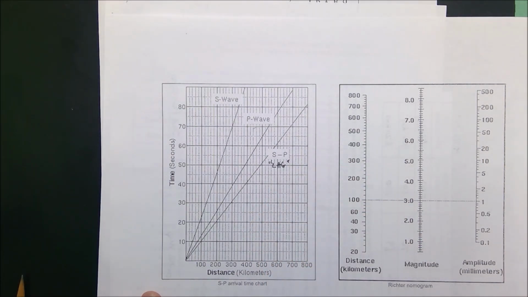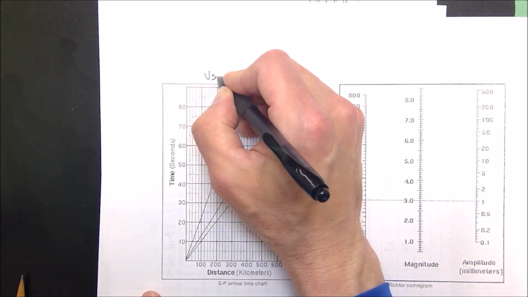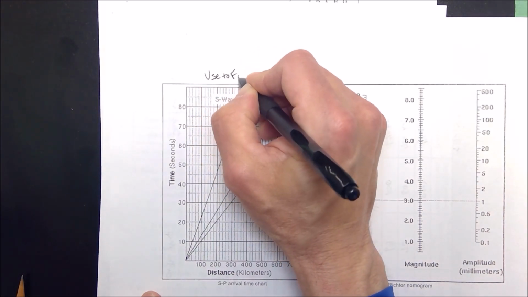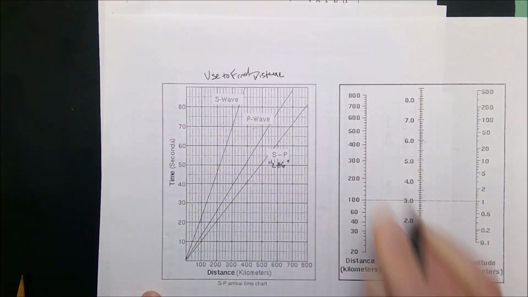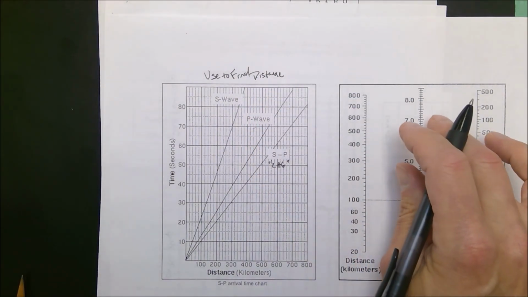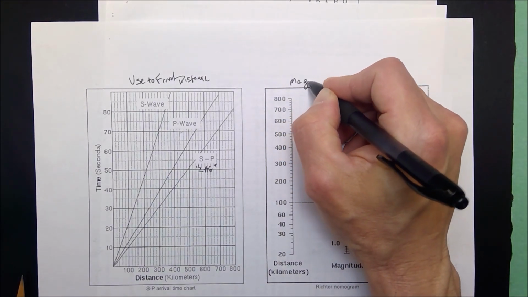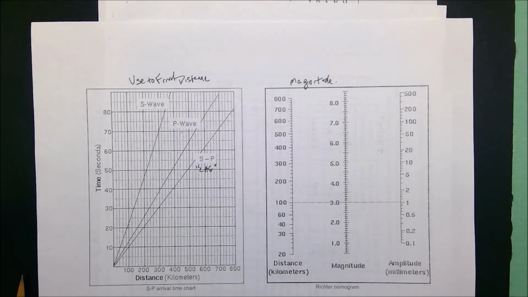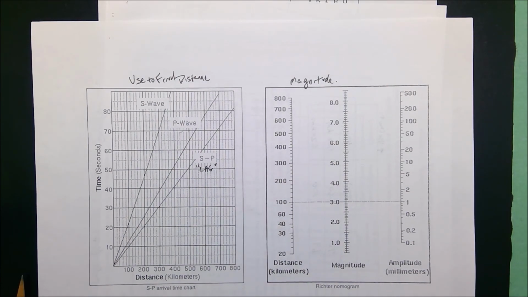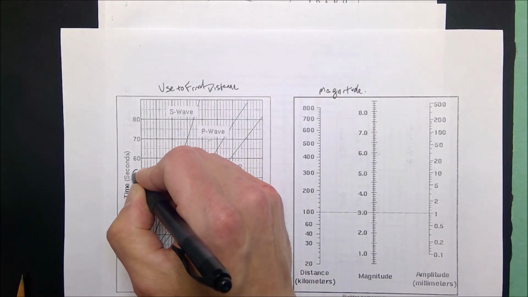That's the separation between the P and the S wave. So we use this one to find the distance, and we're going to use the Richter Nomogram to find the magnitude.